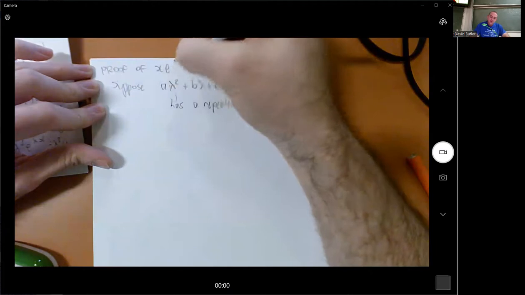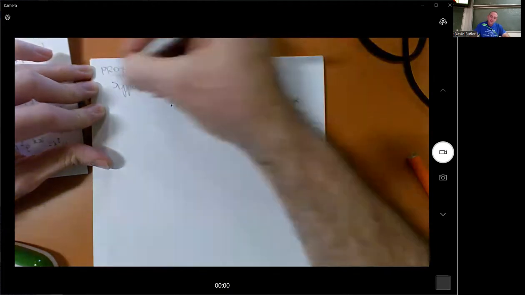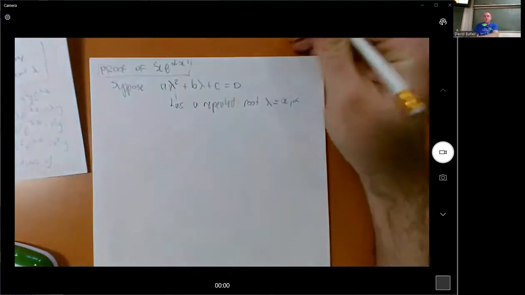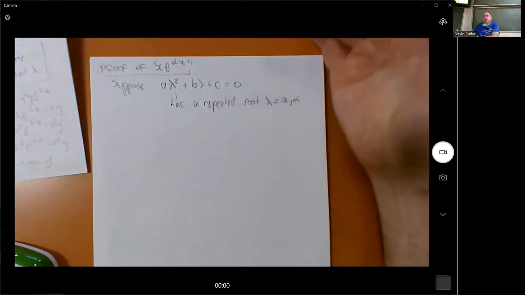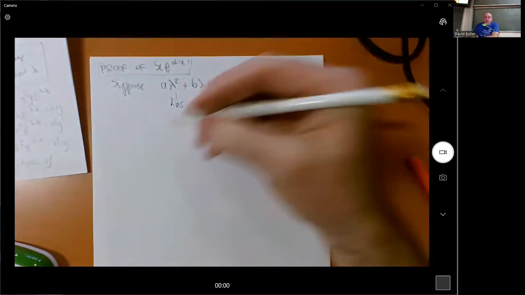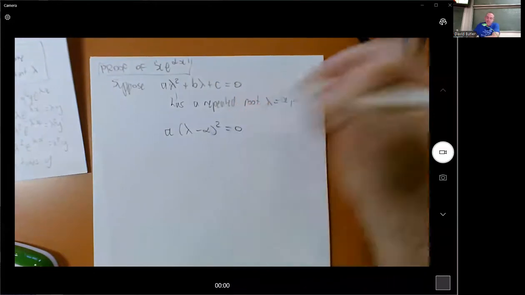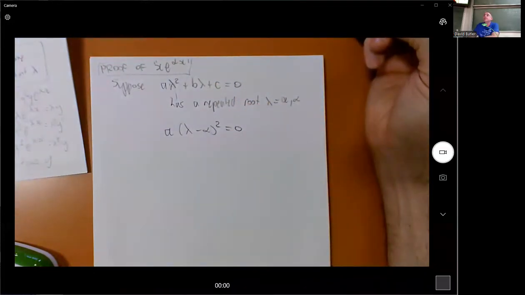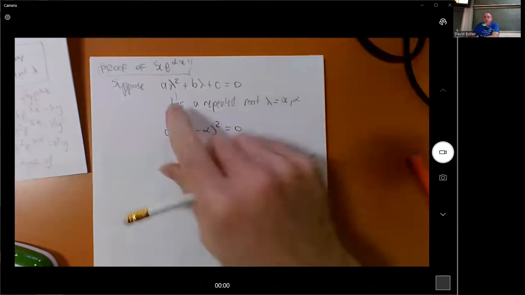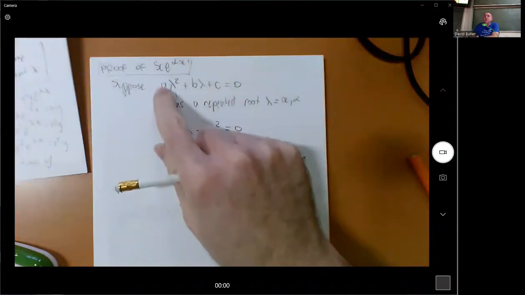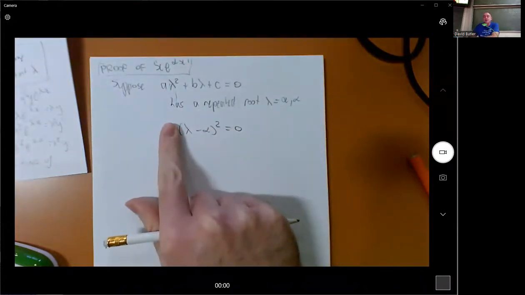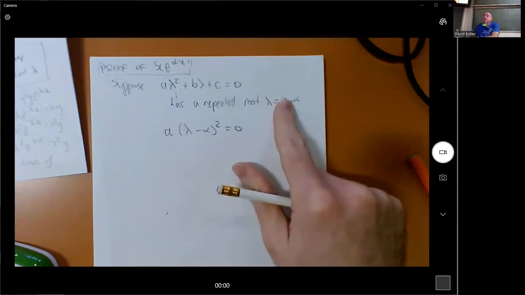Proof of the x e to the alpha x. Okay, well that would mean that when you factorize this, it produces this. So you factorize out the a, but the rest of it must be lambda minus alpha squared because it's a double root.